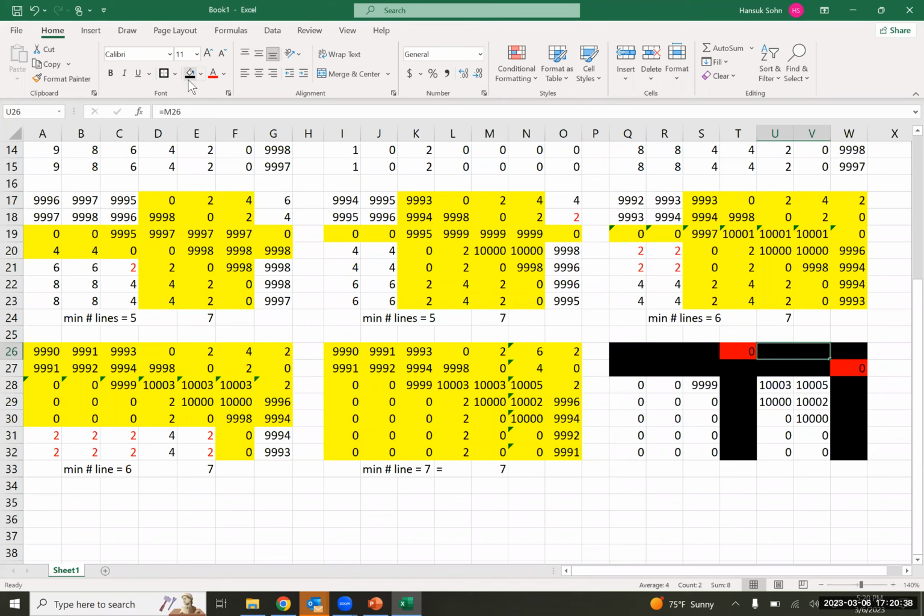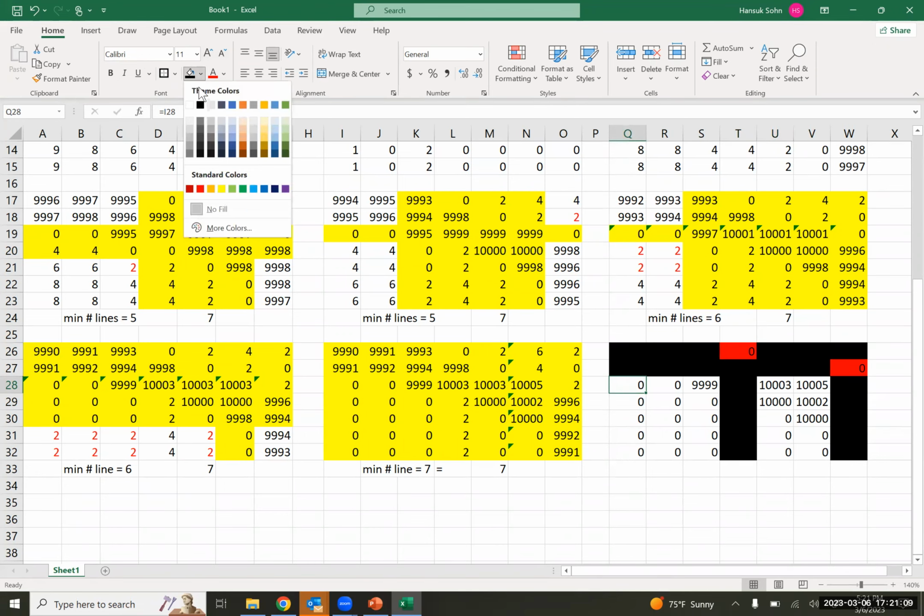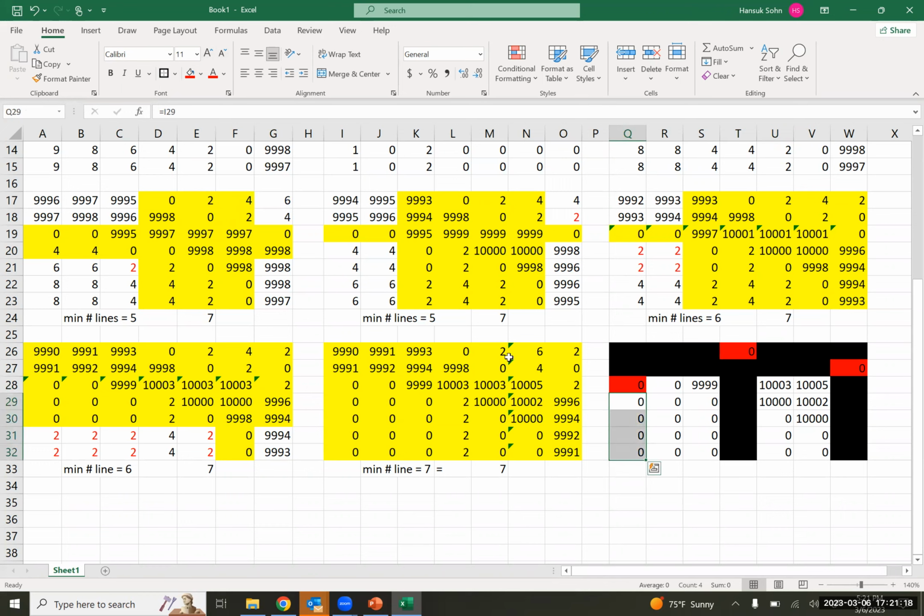Now, looks like we do have multiple options, right? Because there is no zero that appears only once for each column or row. So in this case, you need to arbitrarily choose 1 zero. Okay, so I'm gonna choose this. And then cross out this.